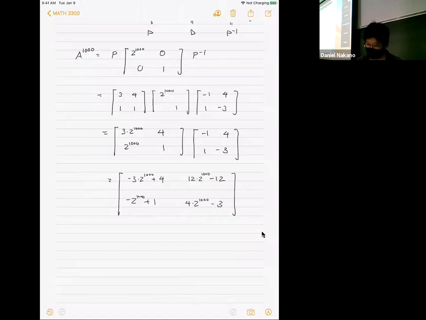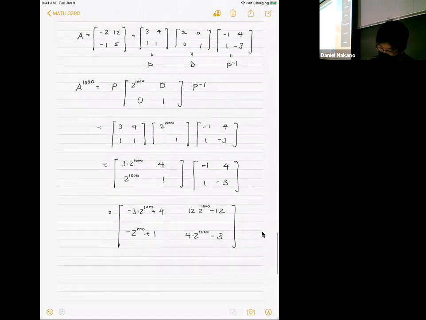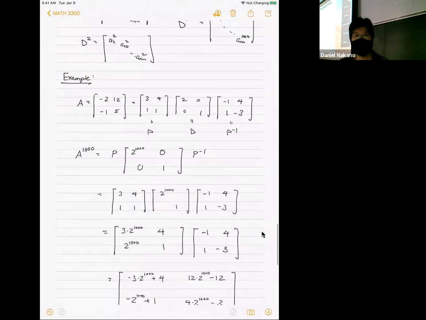So it's pretty impressive. Pretend I just give you this matrix, minus 2, 12, minus 1, 5, and I say I want to know what A to the 1,000th is. You could try just multiplying it out.